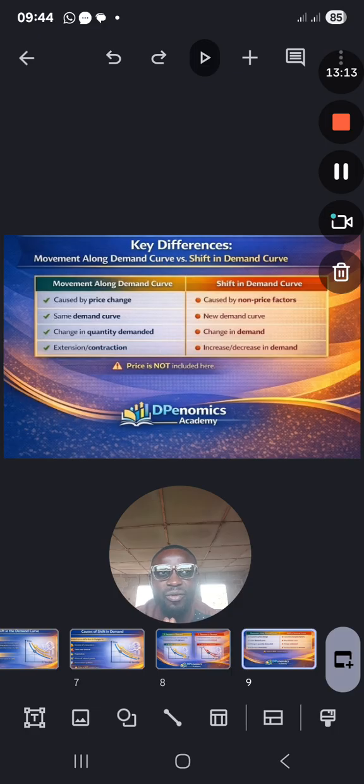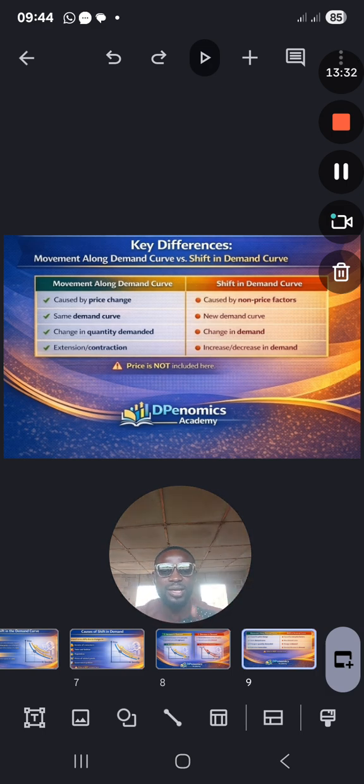Now, a movement along demand curve, the movement slopes from point A to point B, or from P1 to P2, and from P2 to P1, right? Or from point B to point A in the same curve.